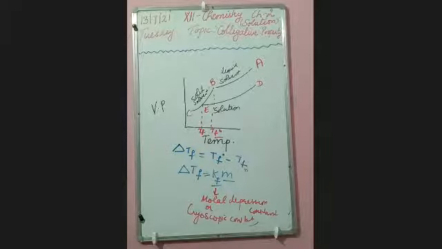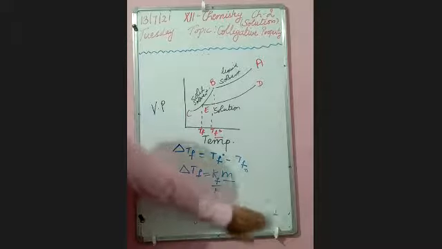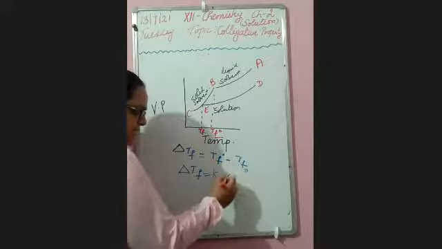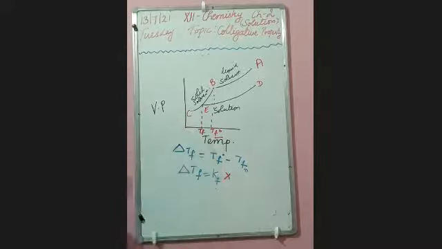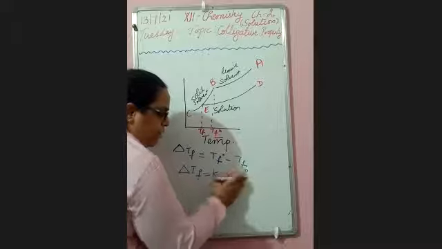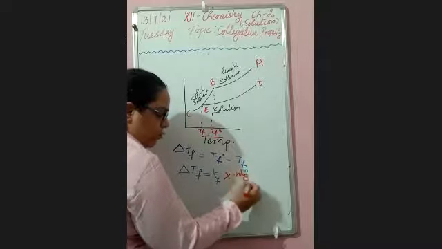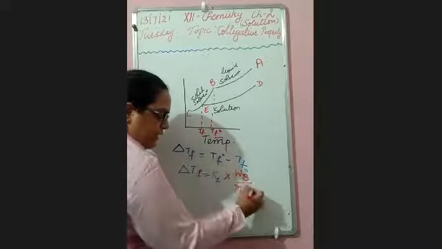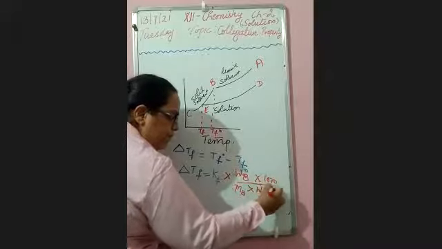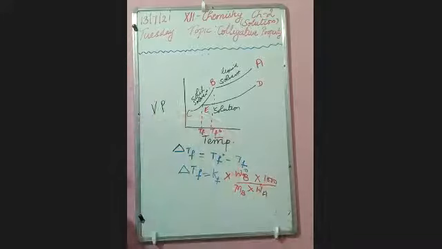Okay. So, if I ask, how can you say that it is a colligative property? Now, I am expecting that you should know, because it is the same concept that we have discussed in elevation in boiling point. Same concept. Molality is the number of moles of solute dissolved per kg of solvent. So it will be given mass of solute over molar mass of solute into weight of solvent in kg, or if it is in grams, then it should be divided by 1000.